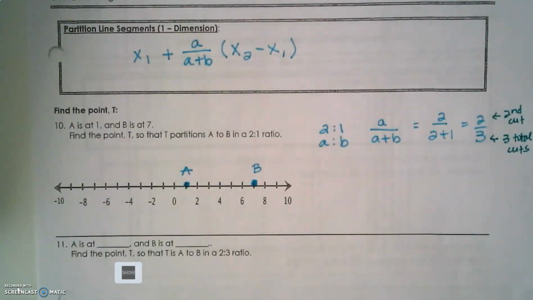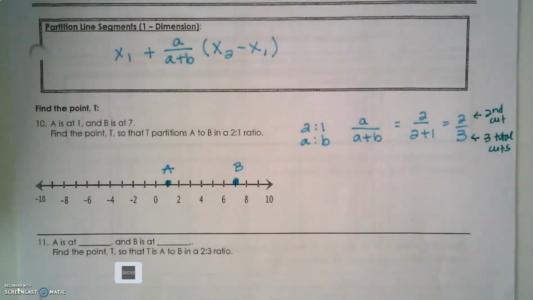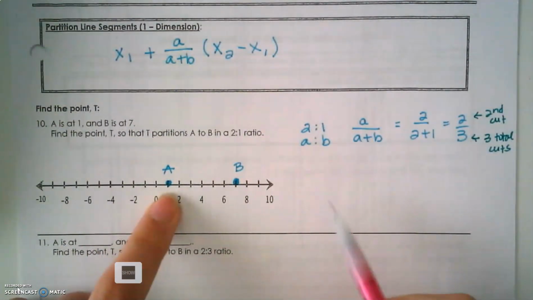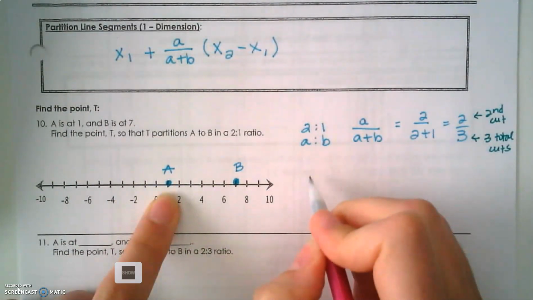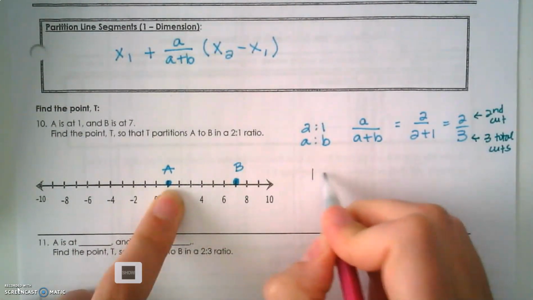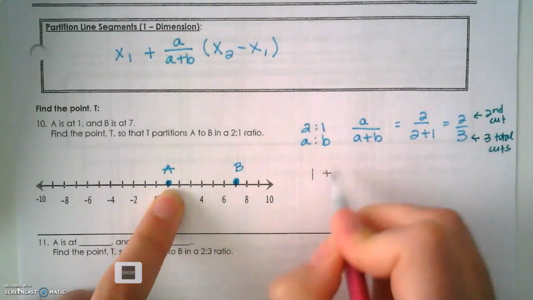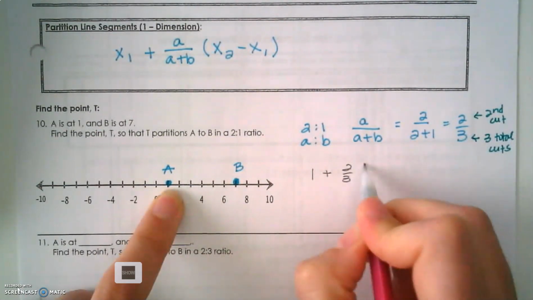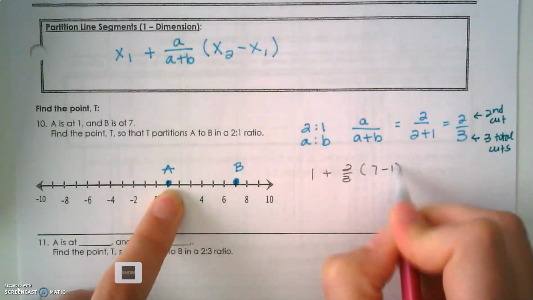Okay? So let's use this formula here. We have x1, and I'm going to let that be A. I read from left to right. So that's going to be 1 plus my ratio, 2/3, times 7 minus 1.